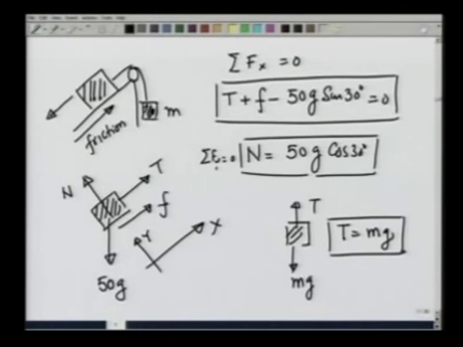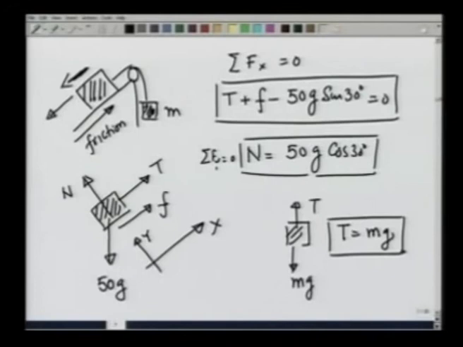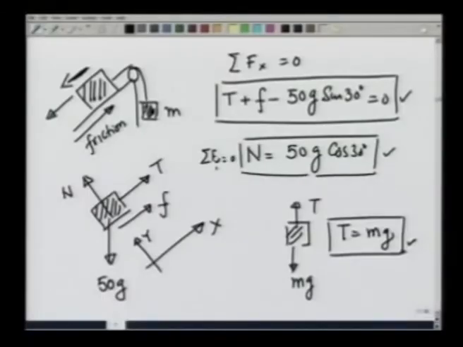So, under frictional force, when this bigger mass has a tendency to move down, the equations for equilibrium are going to be this. Notice I have written the frictional force to be small f, not mu N, because mu s times N is the maximum possible value of friction. If 50 g sine 30 minus T is such that it is below the maximum possible value of friction, the block will remain in equilibrium and F would be equal to that value which is less than mu N. So, let us look at the equations once more.